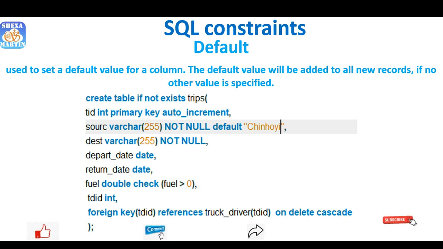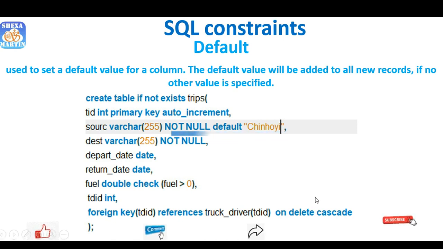So you need to enforce this constraint. That's the default constraint supplied there. And we have NOT NULL because source cannot be null. And if we don't provide a value, Chinoy is going to be provided as the default value. So this is how you can apply this constraint when creating the table.